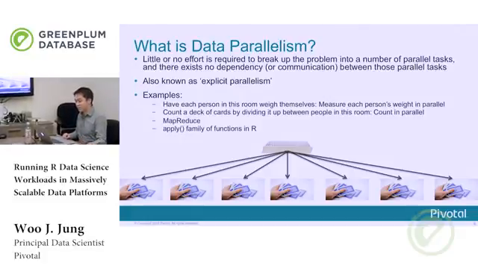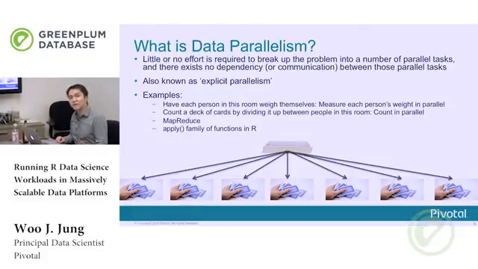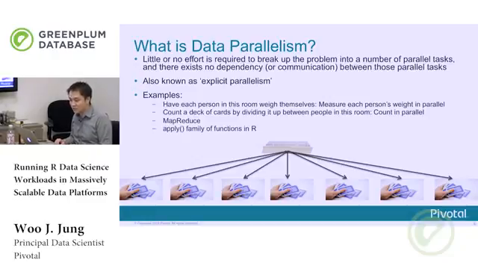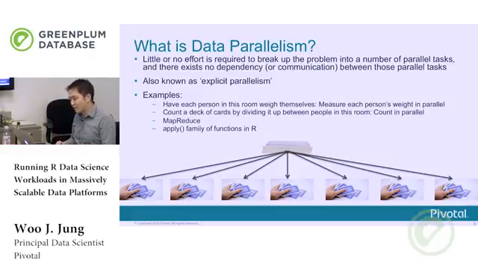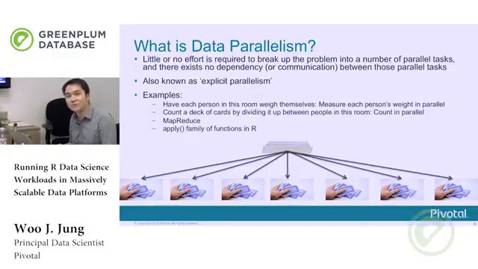In another scenario, you could divide the deck into smaller chunks, give one to everyone in the room, and have each person count her stack, right? Then you can have that run in parallel and get orders of magnitude improvement in the amount of time it takes to compute the card counting problem. Applied to more sophisticated machine learning routines, that would be the perfect scenario to make use of PL/R.